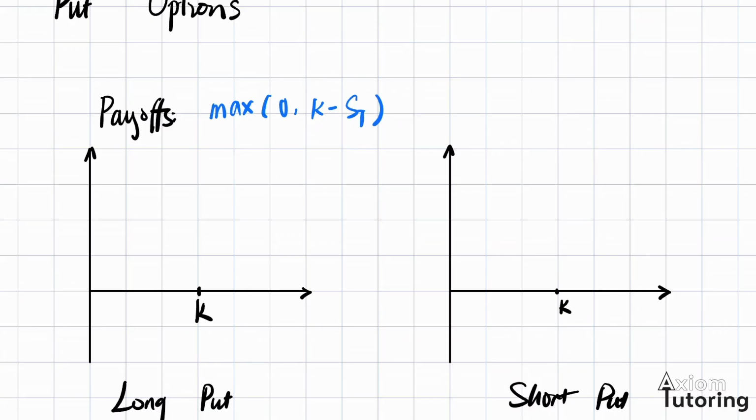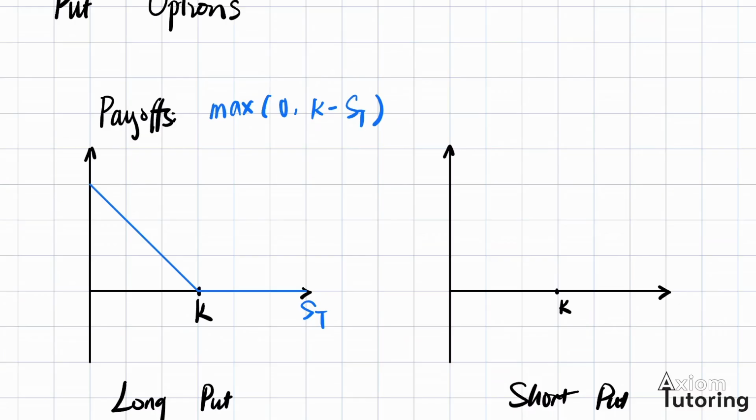You will only exercise it if your ST in this case is lower than K. So for any ST that is higher than the strike price, you will never exercise them, so your payoff will be naturally 0. And for an investor that's holding just 1 unit of the put option, you will always have a 45-degree line, but in this case it will be over here. Okay, and this will be the payoff for a long position for a put option in this case.